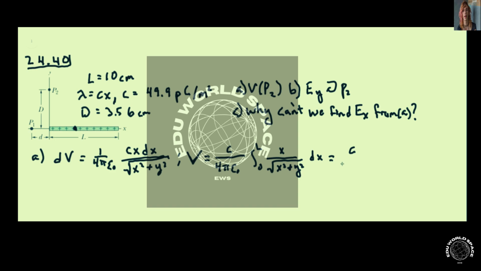So this will give us c over 4 pi epsilon naught times the square root of L squared plus y squared minus y squared.